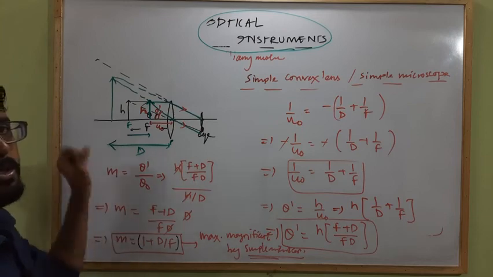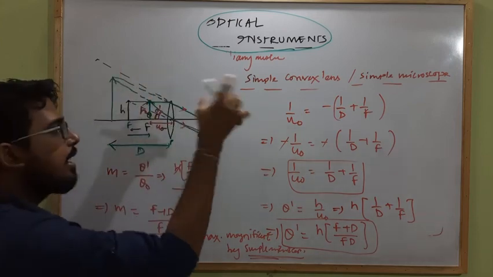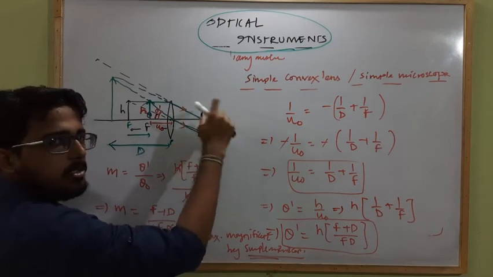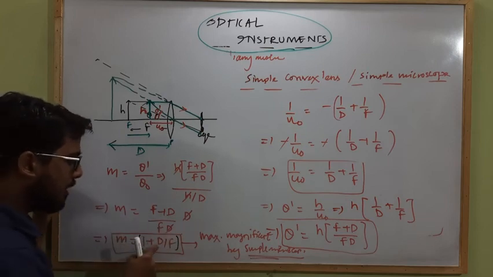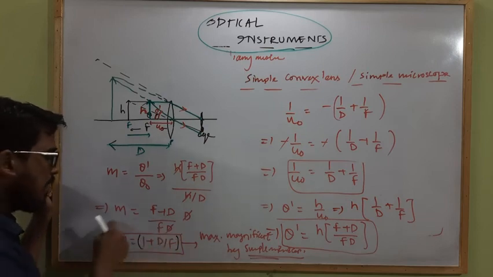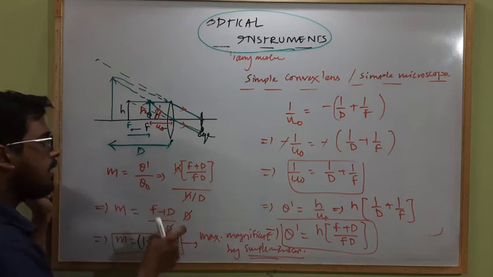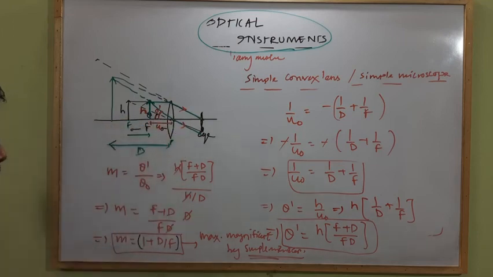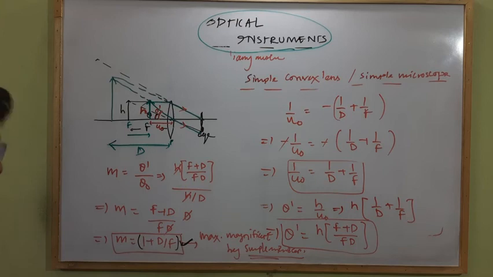And this is not normal adjustment, because in normal adjustment the image is formed at infinity. The eye is in normal state, that means the ciliary muscles are in relaxed position, but in this case the ciliary muscles are in stretched position. So the eye feels some pain when it observes the image of the object at the least distance of distinct vision by using a simple microscope, and this is the maximum magnification obtained by a simple microscope.